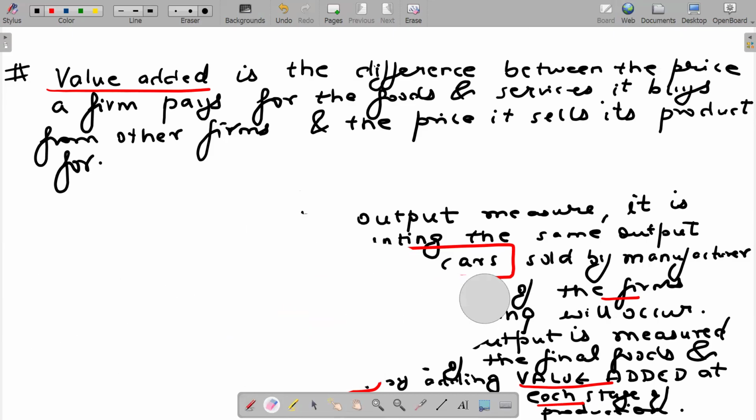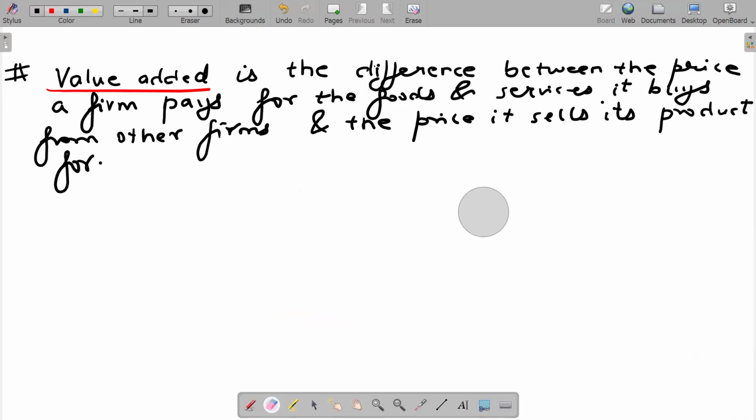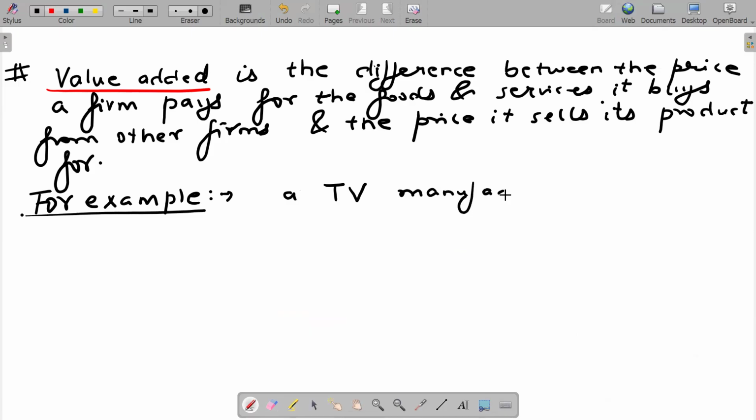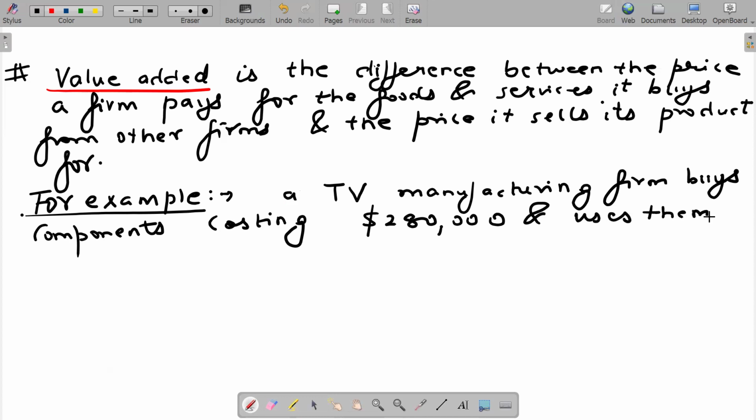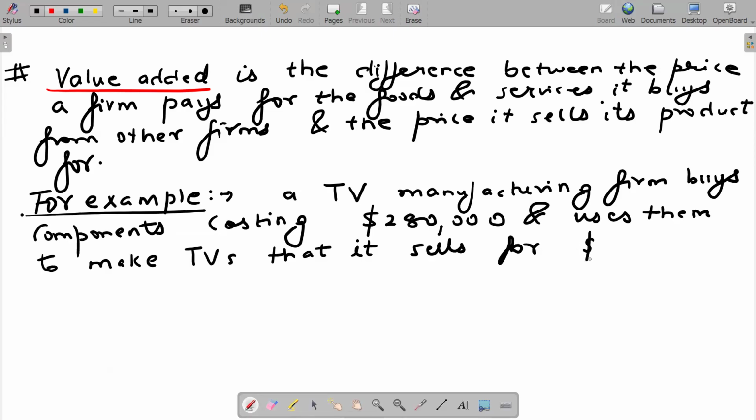If I erase all this off, I can write that, for example, a TV manufacturing firm buys components costing $280,000 and uses them to make TVs that it sells for $350,000.